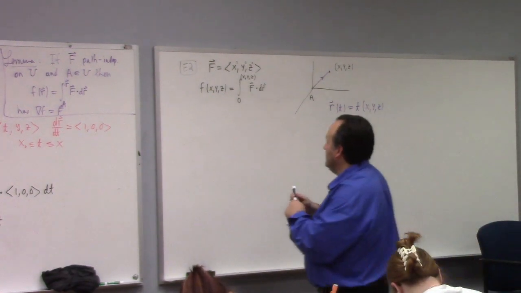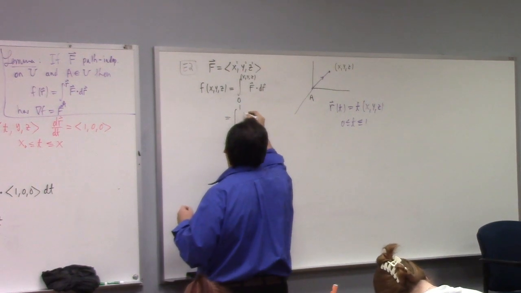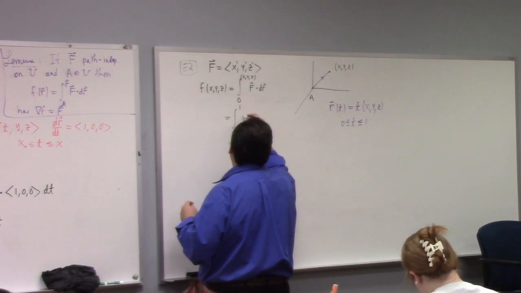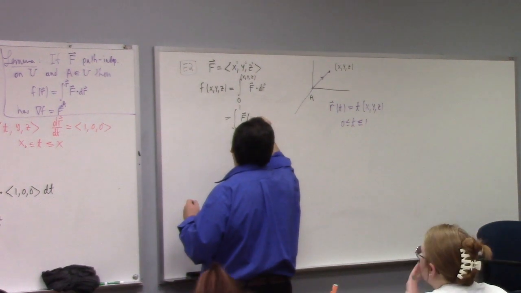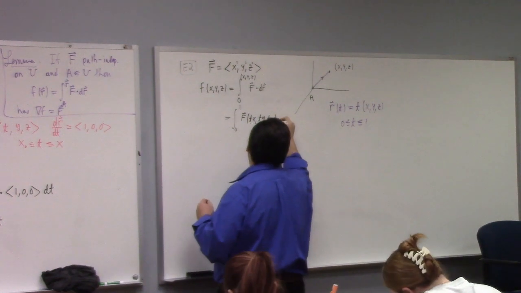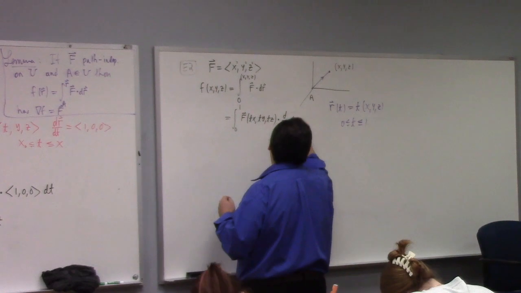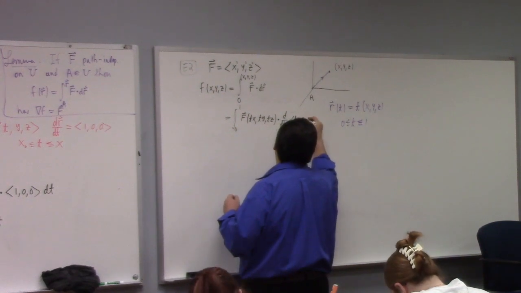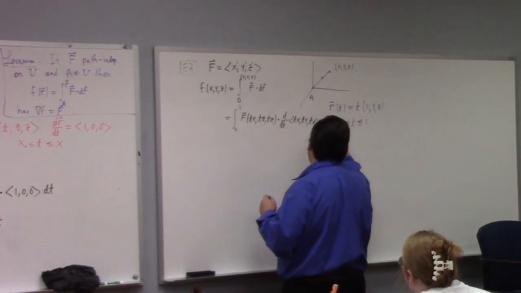And so what have we got? We've got the integral from 0 to 1 of f of (tx, ty, tz) dot product with the derivative of (tx, ty, tz), dt.